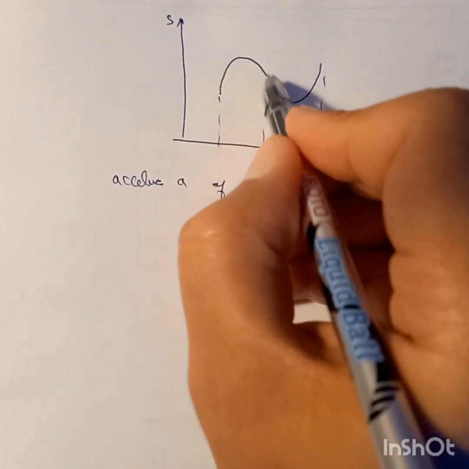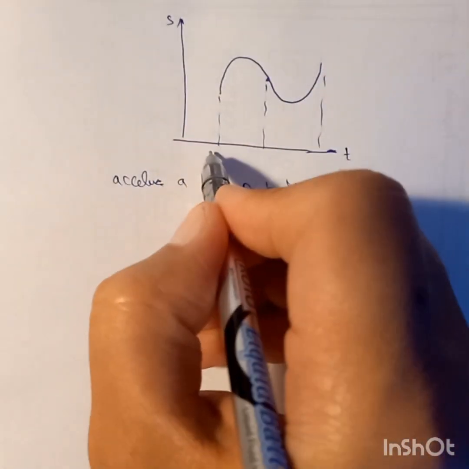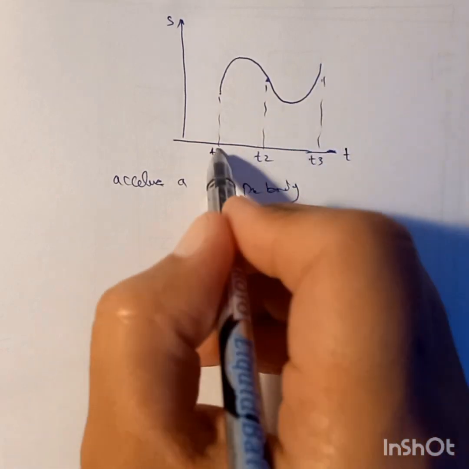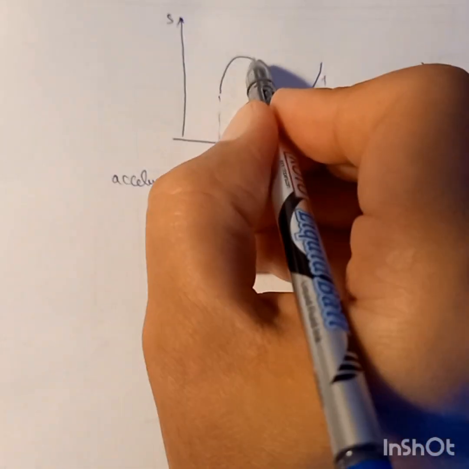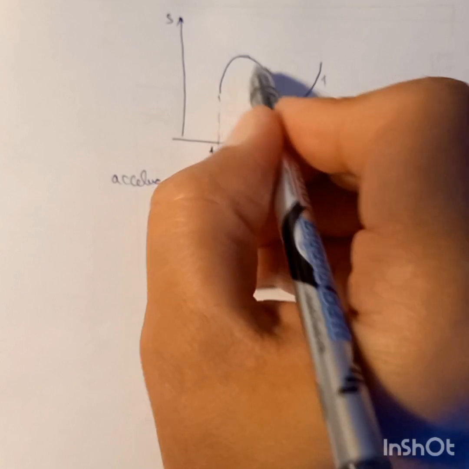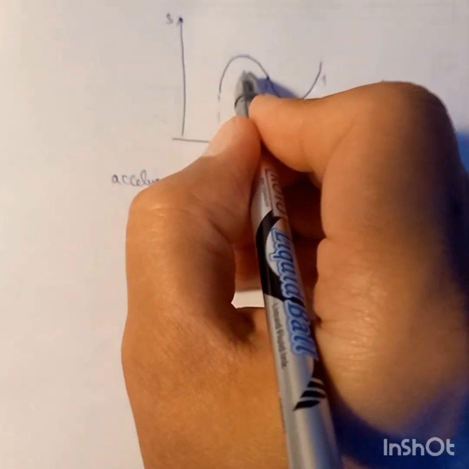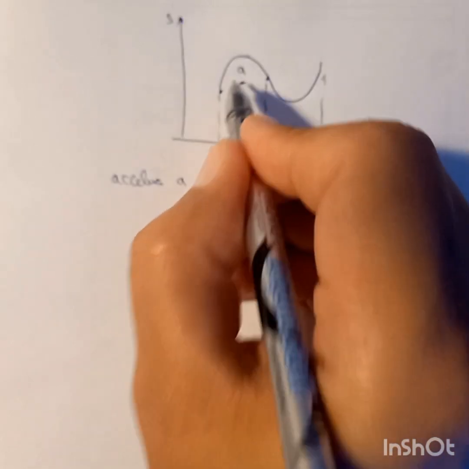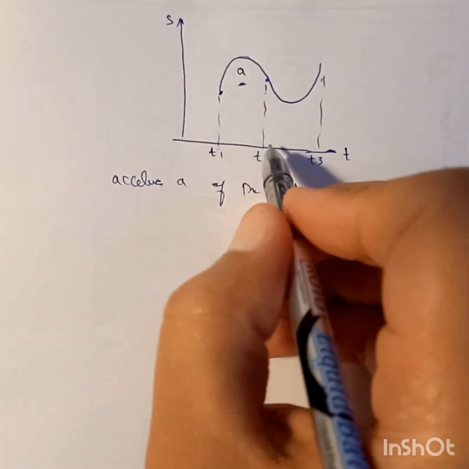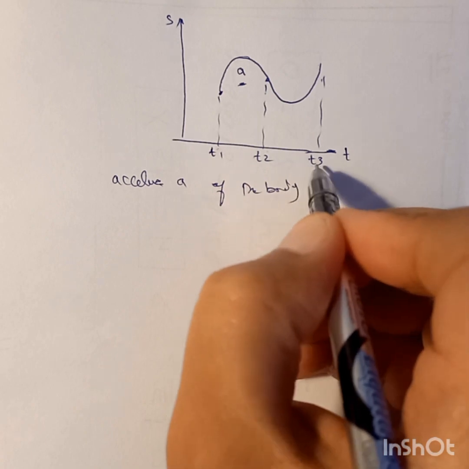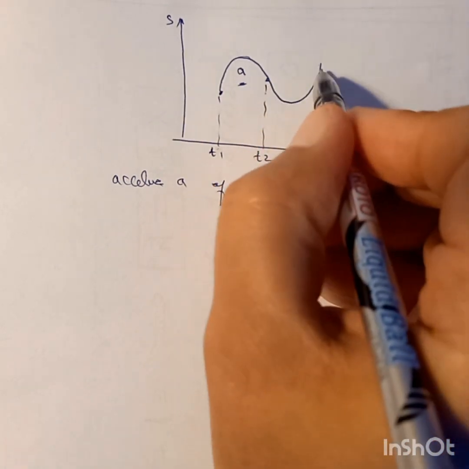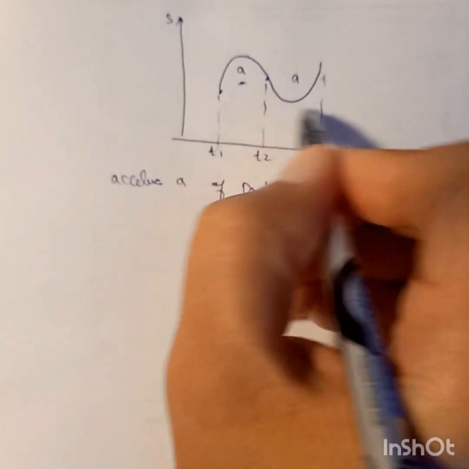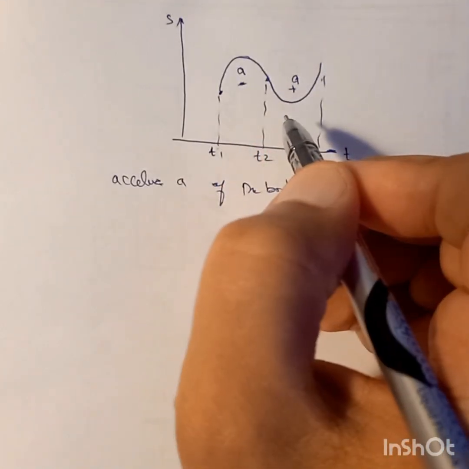If we have this curve, for example, with t1, t2, t3: during t1 and t2 the curve is convex in upwards direction. Then the acceleration during this time interval t1 and t2 is negative, while during the interval t2 to t3 the curve is downwards convex. Then the acceleration during this time interval is positive.